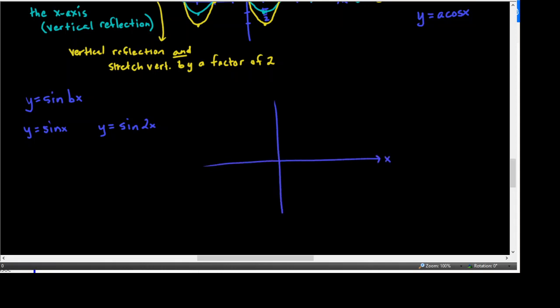You may remember that multiplying by x also has a stretching and shrinking effect. And this is where if that had been -2x, that would have caused it to reflect horizontally, that is over the y-axis, which we're not going to do in this class, I don't believe at all, but I'll just give it a nod as it could be done.